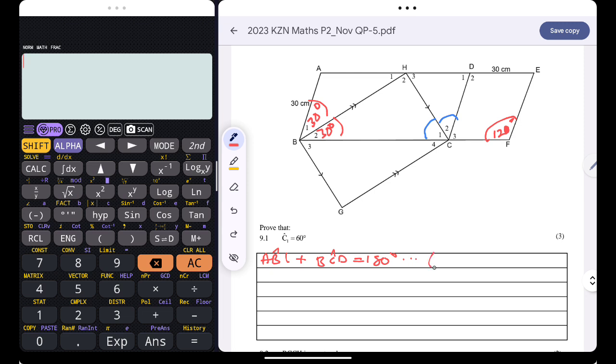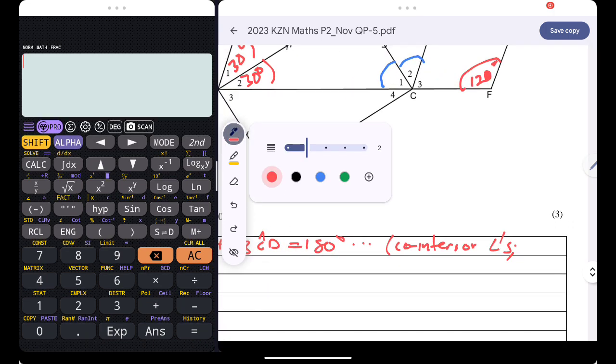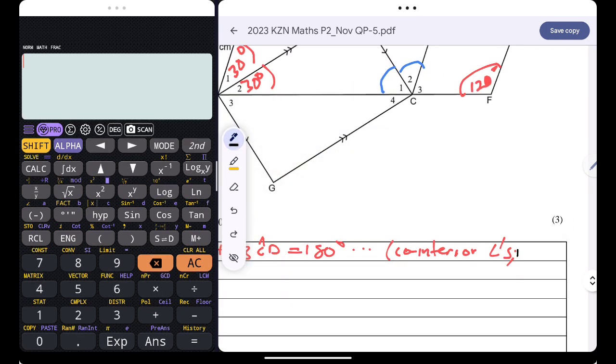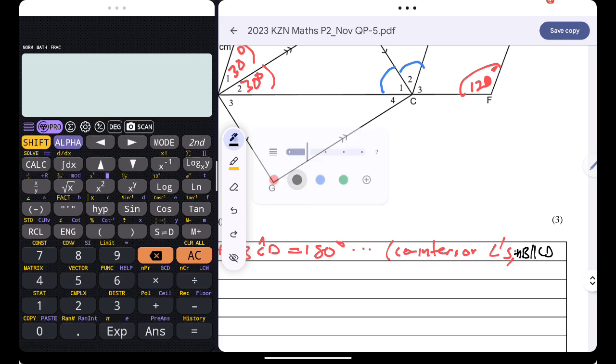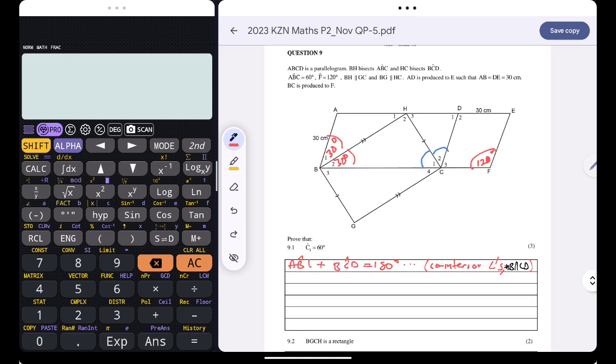Why? Because these are two angles between two parallel lines. They are co-interior angles, and they are co-interior because AB is parallel to CD. Why do I conclude that AB and CD are parallel? Because ABCD is a parallelogram.